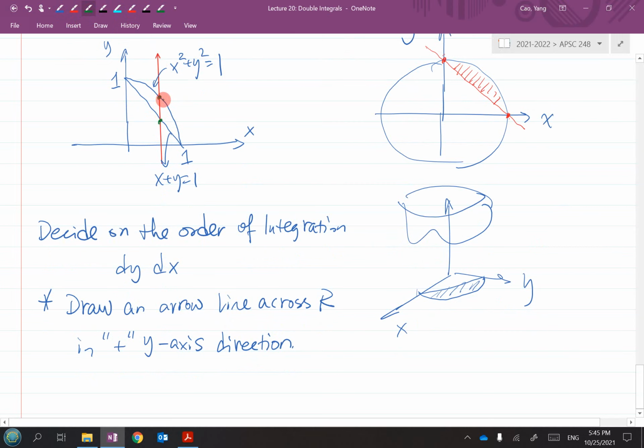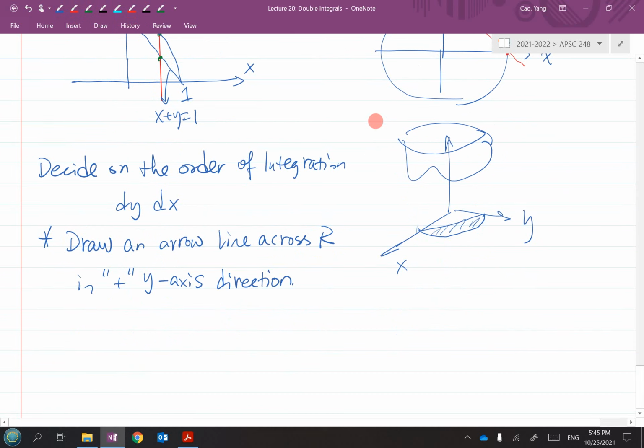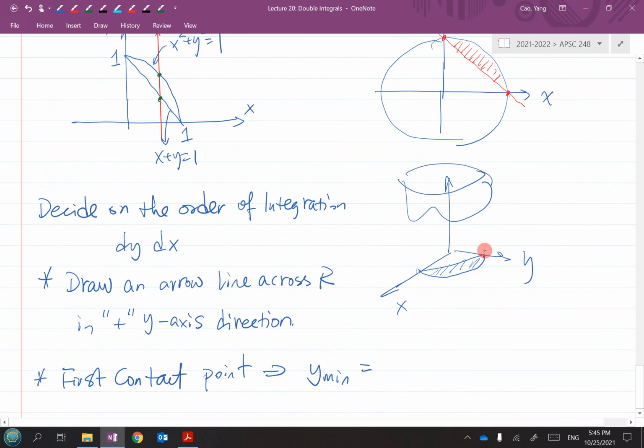The first contact point gives you the y min. So you look at the first contact point in this question here.